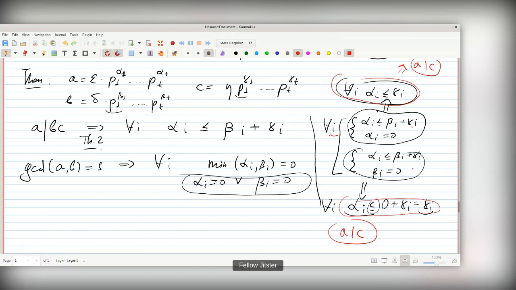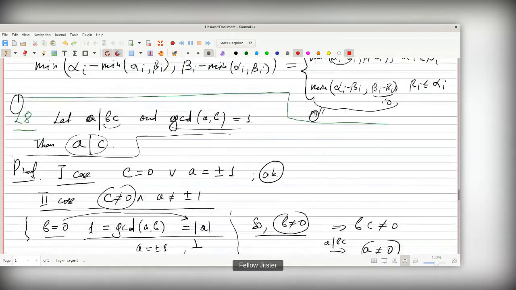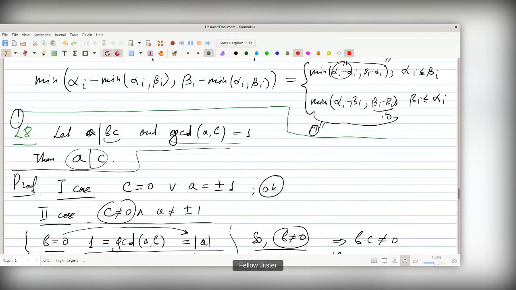But in any case, alpha I is less or equal than gamma I. So for each I, alpha I is less or equal than gamma I. That means that A divides C. And this was the thing required to be proved. That's all.